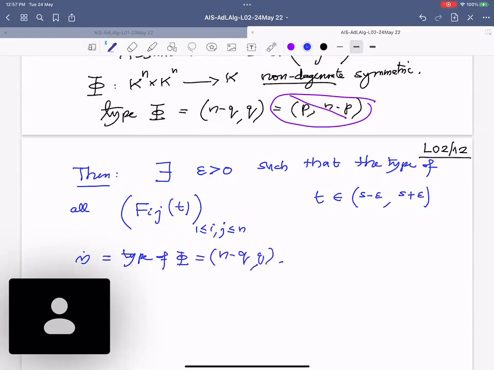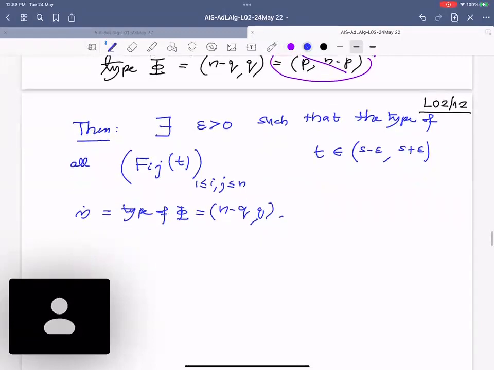That is the assertion. So what does this mean if I have to say it in one sentence? That means being of type PQ is an open property for non-degenerate symmetric forms.